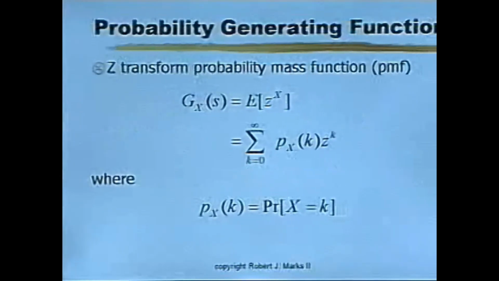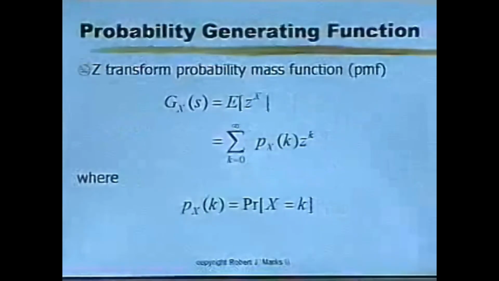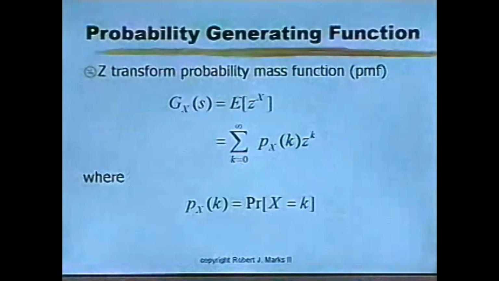Now, when we have discrete random variables of the lattice type, we have a sequence of probabilities; the density function is a sequence of probabilities. When we have a sequence of numbers, usually we think of sequences of numbers as what? Kind of a discrete signal. And we treat discrete signals using z transforms.